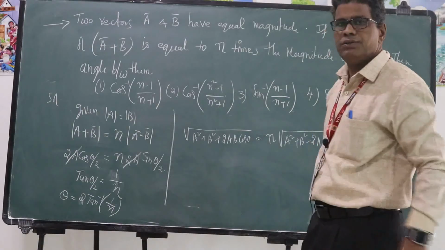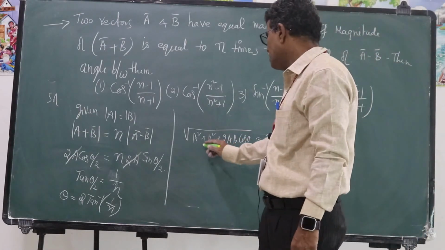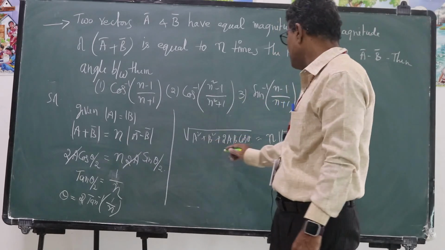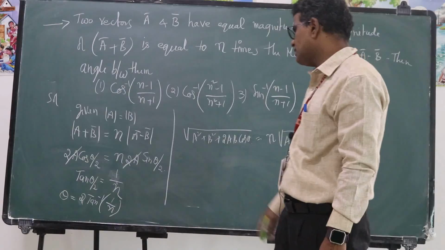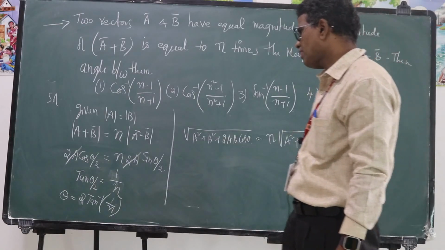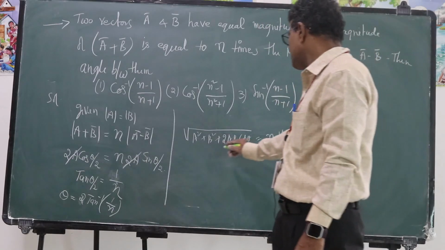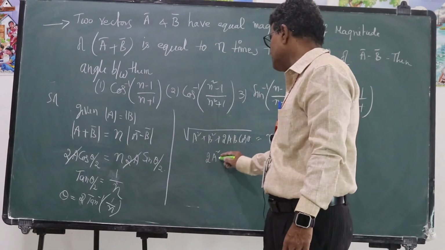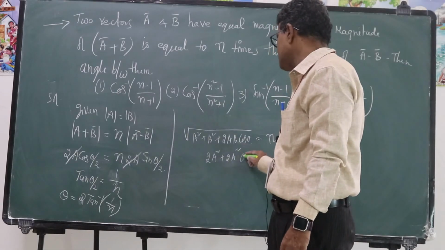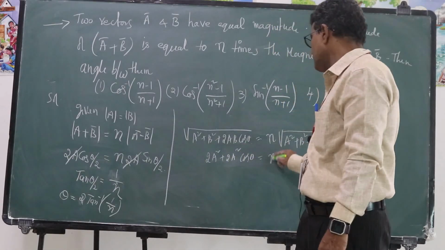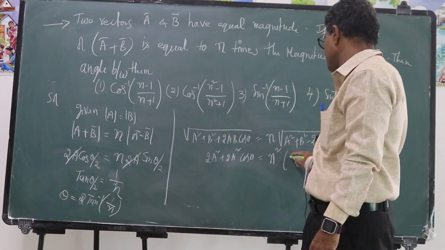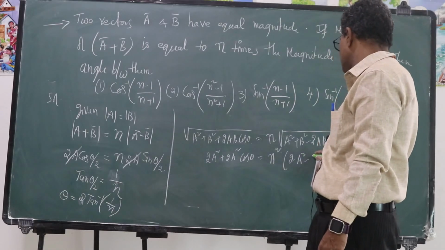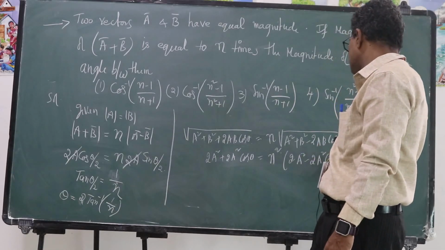So squaring on both sides, since mod A is equal to mod B, you will get 2A square plus 2A square cos theta equals n square into 2A square minus 2A square cos theta.